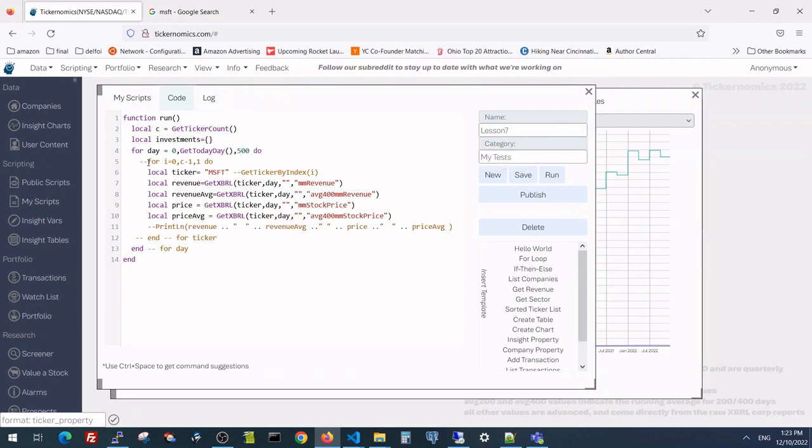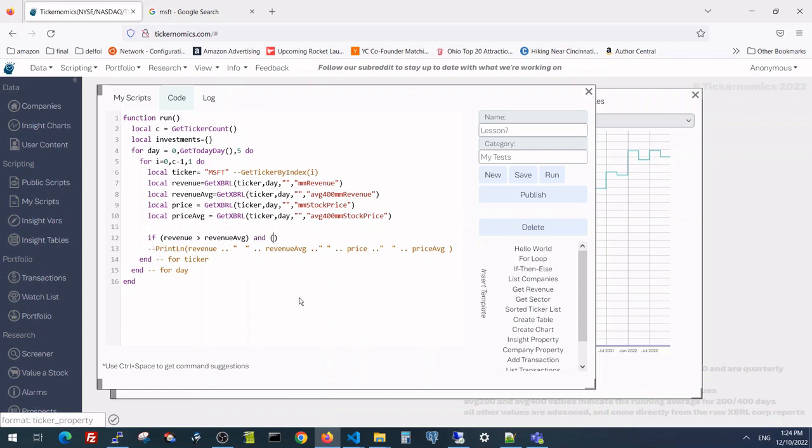We'll comment it out. We'll re-enable the big loop for all the tickers. And now we'll just write our condition for investment. We'll just write an if statement. If our current revenue, of course this will also run like every 5 days, so this is gonna run a lot. So if our revenue is above revenue average, 400-day average, so that's a pretty cool condition, right?